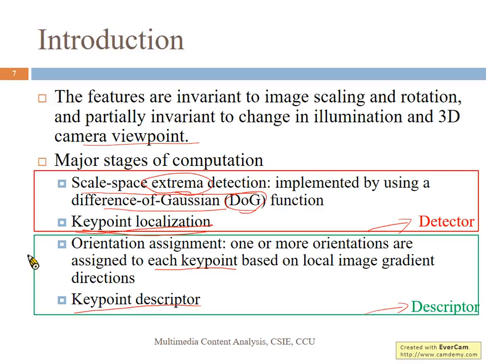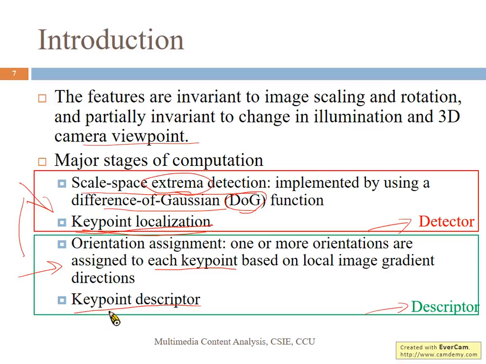And actually, we can replace such description by another method. And we can also replace the detection part by another method. So sometimes when we briefly say we just extract SIFT feature, that consists of both steps. But sometimes in some literature, you may read that they use some other corner detection algorithm to find the feature, and then use the SIFT descriptor to describe the key point.